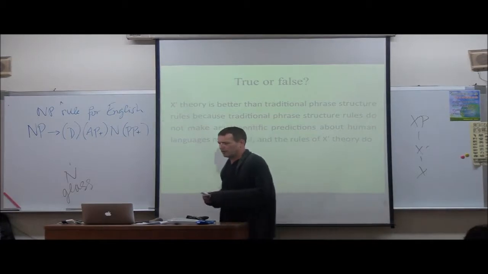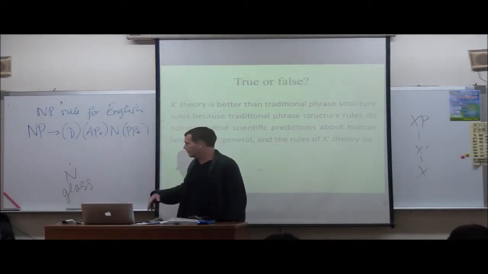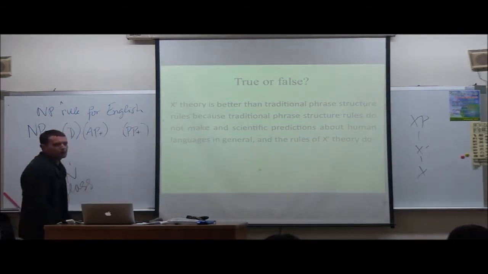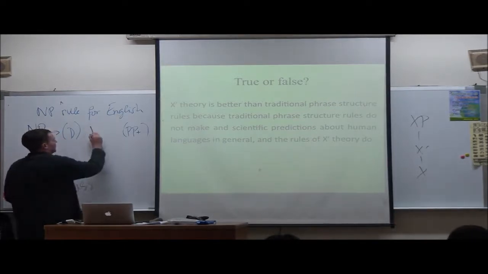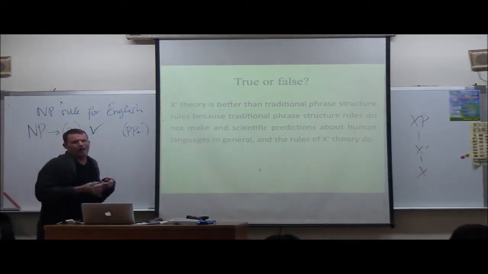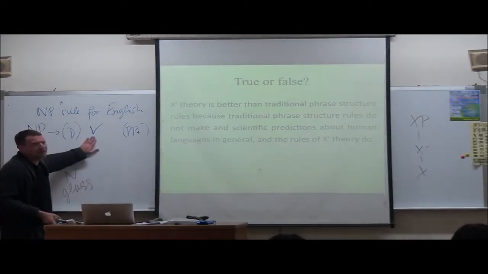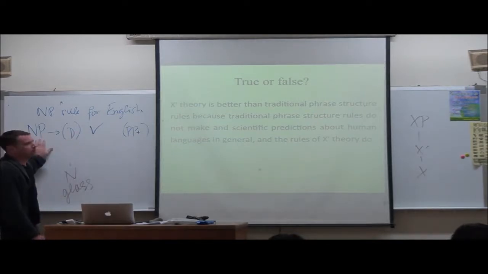And you could put anything you wanted to in a rule like this. You could just say this, or this, or this. And the interesting thing is, we never find any languages in the world that have noun phrases that don't have nouns.